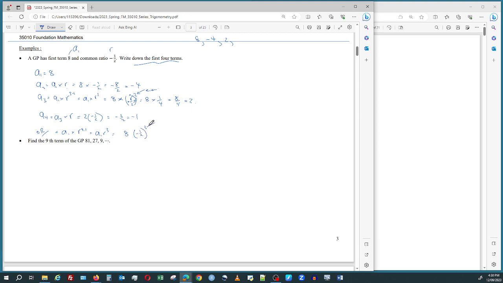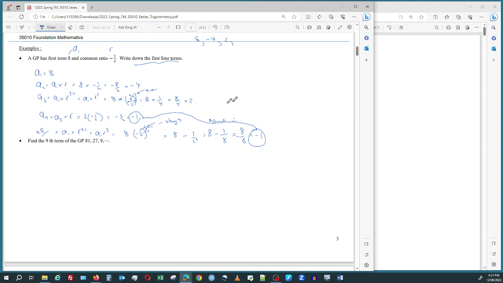Now, when it's odd, the minus stays, doesn't evaporate. Okay, so we're going to get 8 times minus, the 1 and the 3 multiply, so you get 1 to the power 3, which is 1, and 2 to the power 3, and so we get 8 times minus 1 over 8, because 2 twos are 4, 2 fours are 8, which is 8 over 8, which is minus 1. So that matches what we did in the other method. Okay, so it's the same.